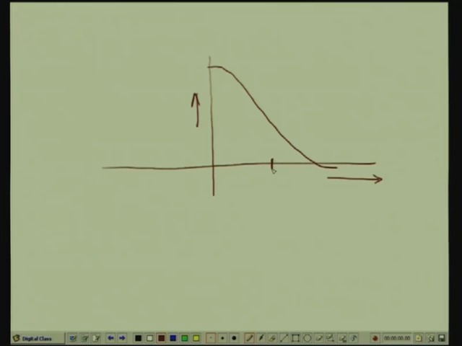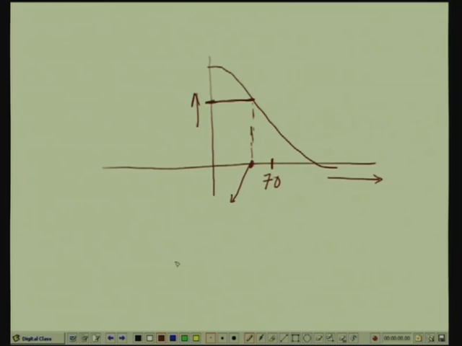Now, I get some crisp value after reasoning, say 70. Now, I get some membership value here. Now, this membership value will have to be translated to some crisp value.